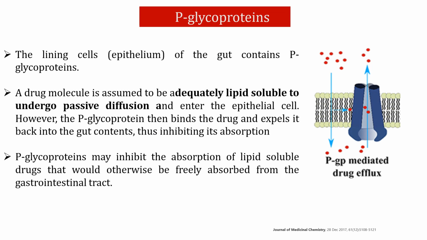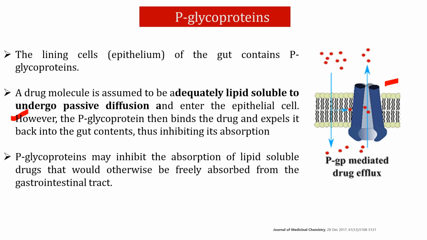Next, an important thing is a protein called P-glycoprotein. The lining cells of the gut contain P-glycoproteins. These are located in the part of the membrane of the epithelial cells that is in direct contact with the GI content, the apical surface. For example, this is the apical surface of a cell in the GI tract. A drug molecule is assumed to be adequately lipid soluble to undergo passive diffusion and enter the epithelial cell.